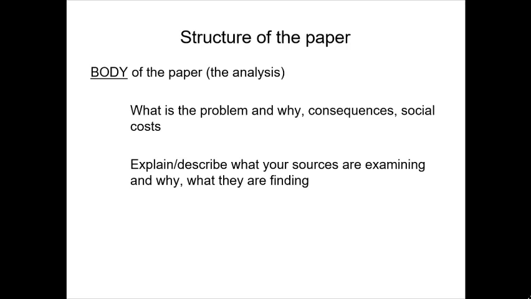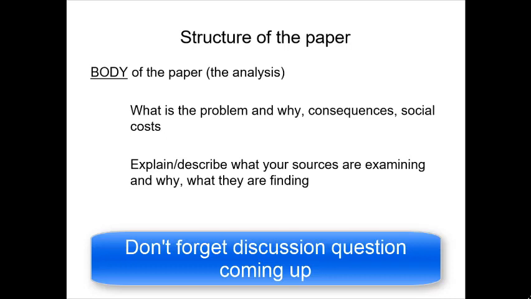Why are they examining? What are they measuring? What are they finding as these academic sources, these scholars, these analysts, researchers, scientists, as they are examining this, what are they finding? What are they measuring and what are they finding as far as how it relates to this problem that you have chosen to write about?